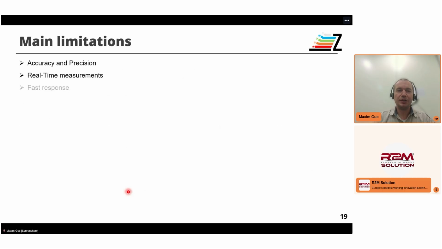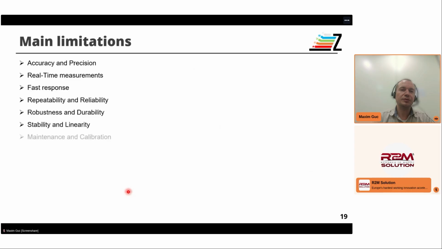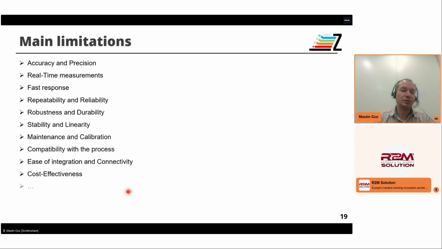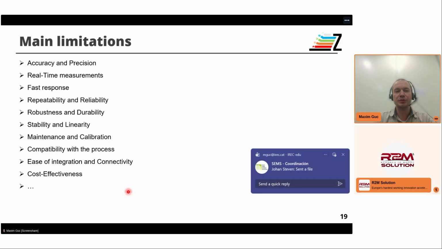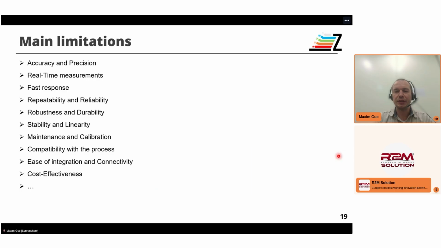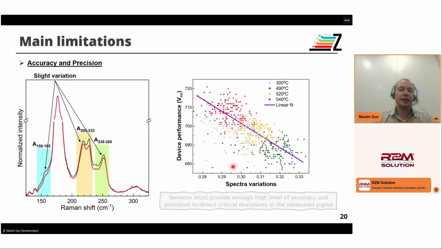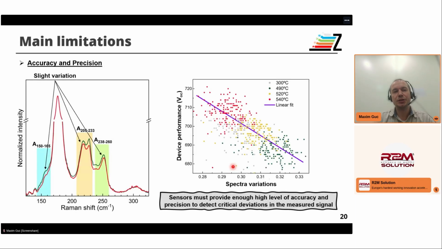Here I put a list of different limitations and requirements from the industry that we got so far while developing different projects and sensors for different producers. Of course, this list can be much longer, and I will tell you details about just a few of these limitations.